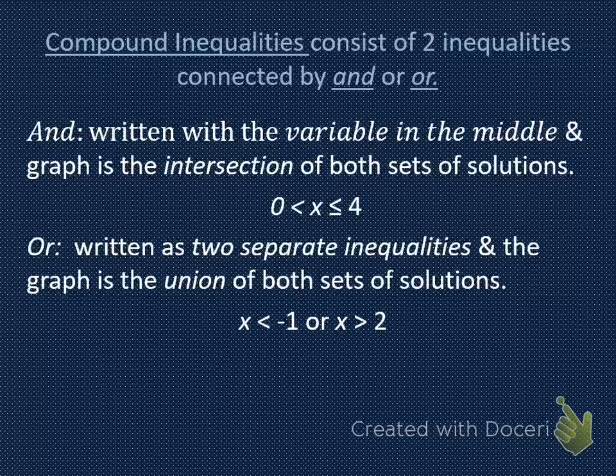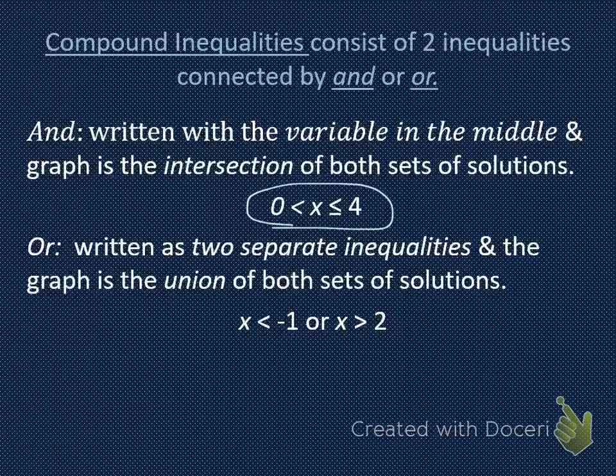You can see from my example right here, the variable is in the middle. You have x is greater than 0, because remember, we read inequality starting with the variable. So we have x is greater than 0 and x is less than or equal to 4. Okay, so you see how the variable is in the middle.